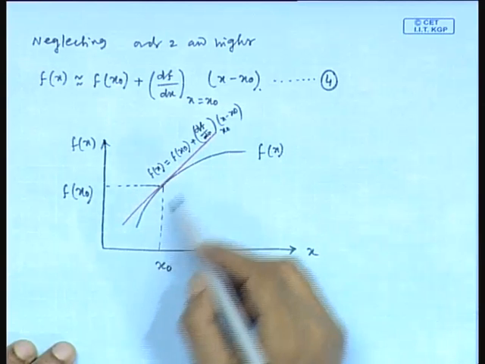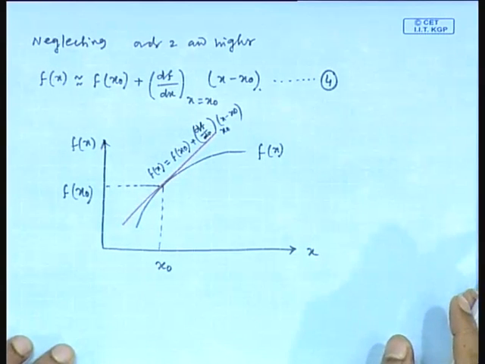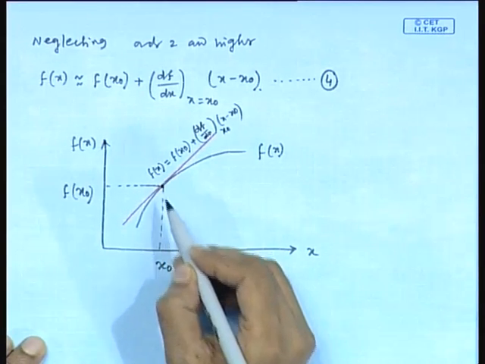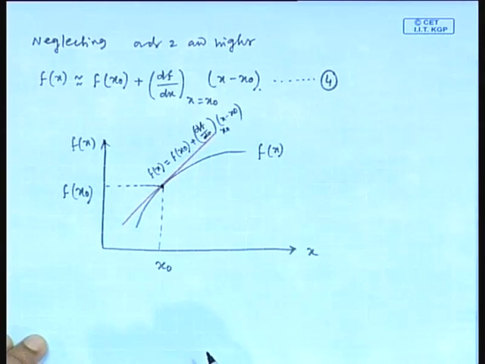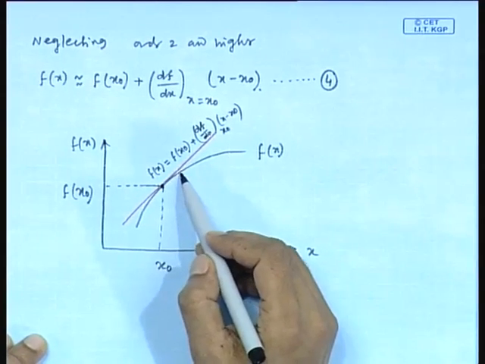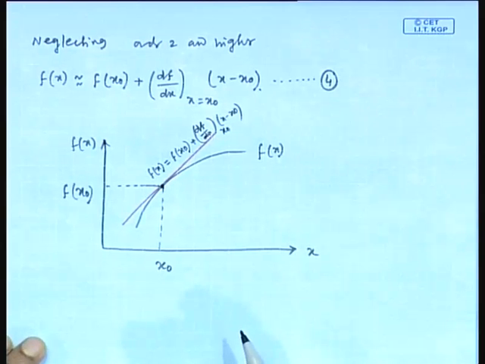So, from this graphical representation, it is very clear that the linear approximation is satisfactory when this x is very close to x naught. If we move away from this x naught, this part is not linear at all, fine. So, the deviation increases as we move far from x equals to x naught.